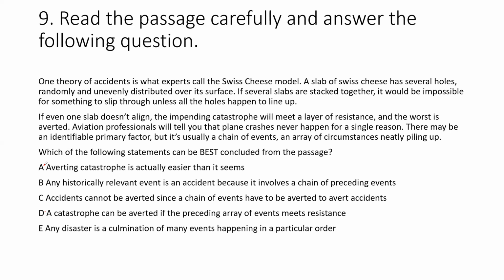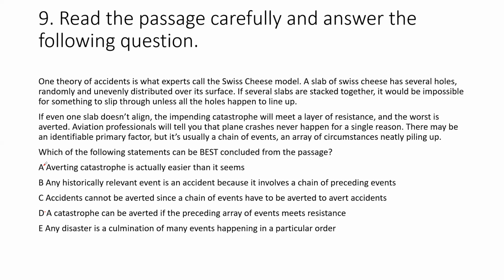So the theory of accidents, what the author called a Swiss cheese model, describes the same, that several slabs are stacked together, right? If several slabs are stacked together, it would be impossible for something to slip through unless all the holes happen to line up. So it's more like the problems are bound to happen if there are a lot of events leading to the same.